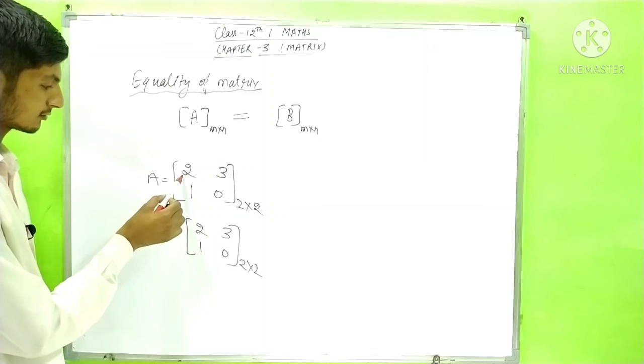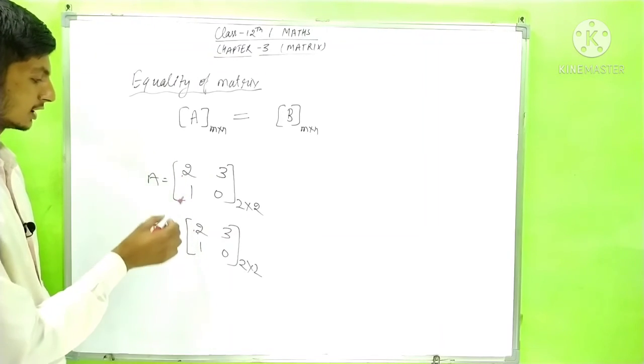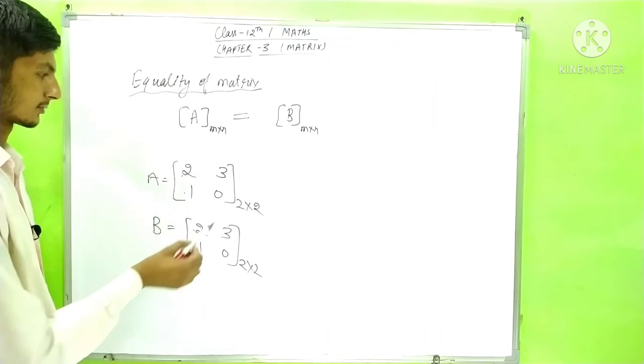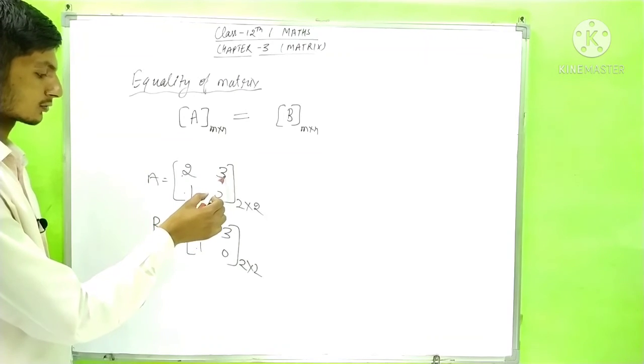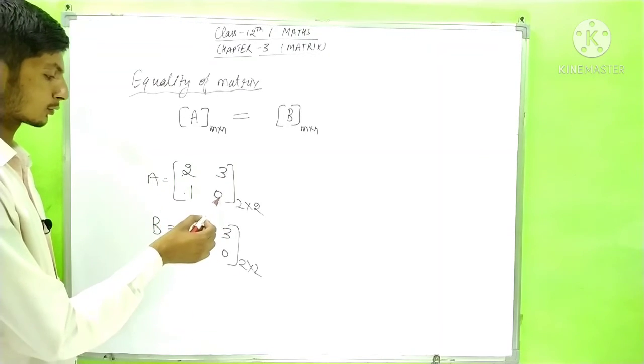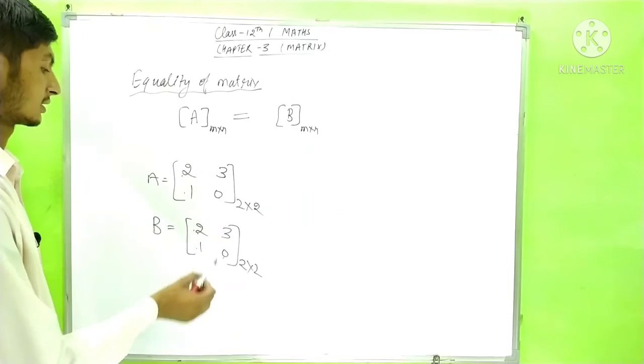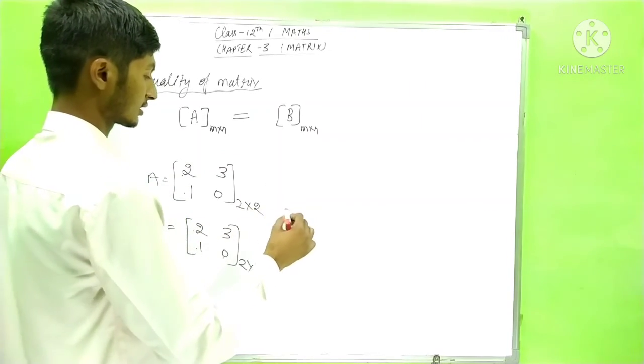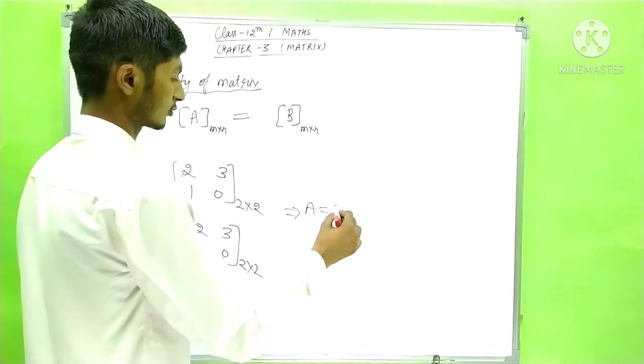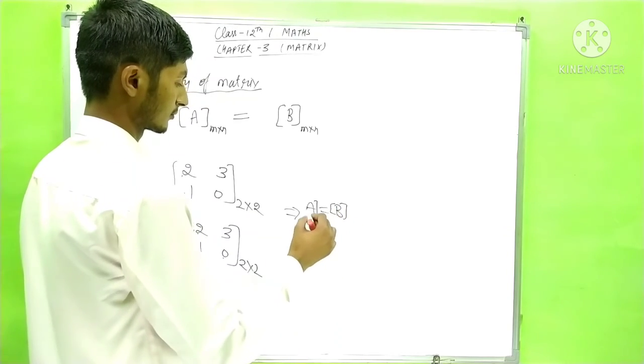Here A11 is 2 and 2, A21 is 1 and 1, A12 is 3 and 3, A22 is 0 and 0. So this implies matrix A is equal to matrix B.